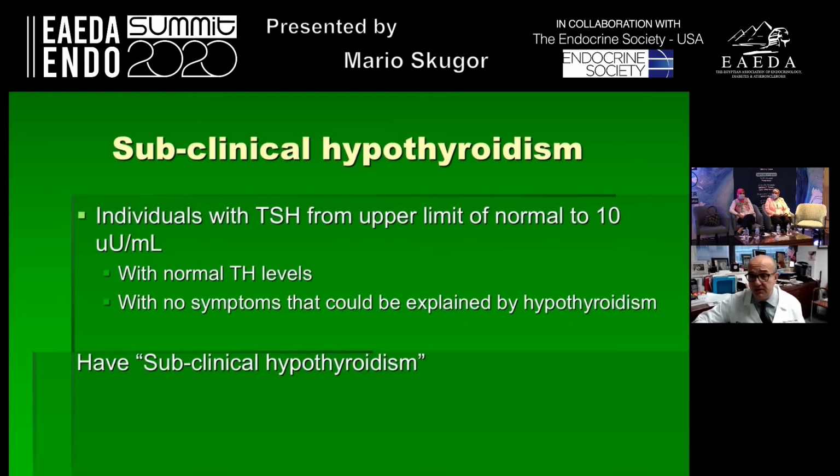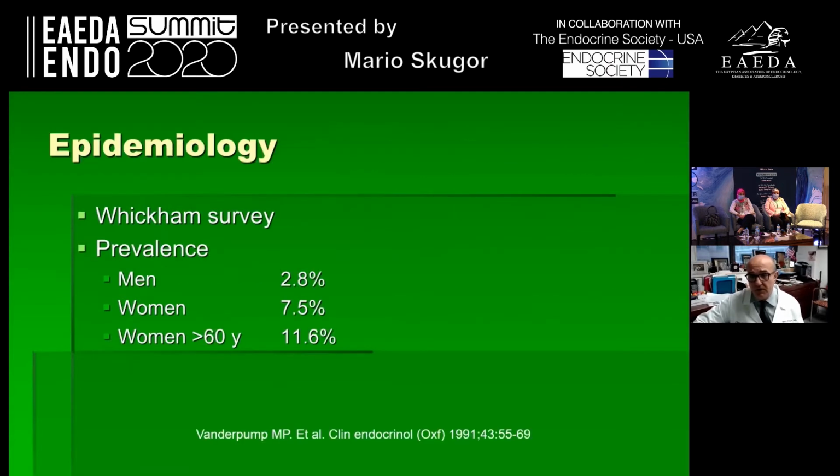So TSH from upper normal to 10. And this is where the controversy is. If the TSH is higher than that, most professional organizations say attempt to treat. Here in this area, this is where you're dealing with the kind of gray area where there's no clear guidance or recommendations for treatment or not treatment.